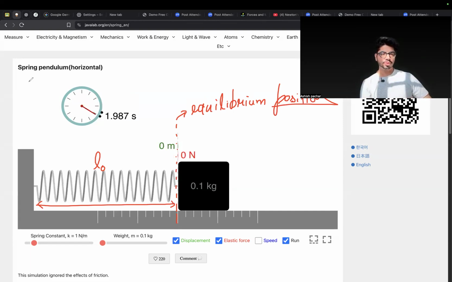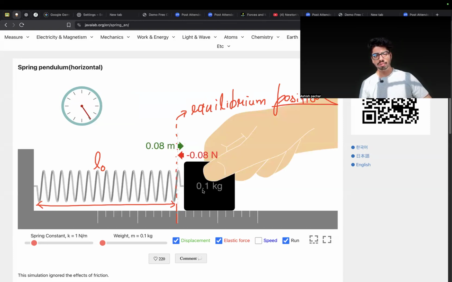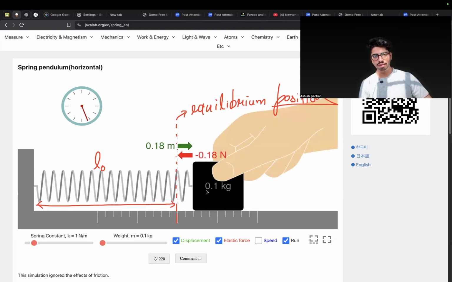Now, let's suppose that I pull it. As I stretch the spring, look at how the spring force is acting. The displacement is happening on the right side, and the force, the red arrow shown over there, is opposite to the displacement, the green one.